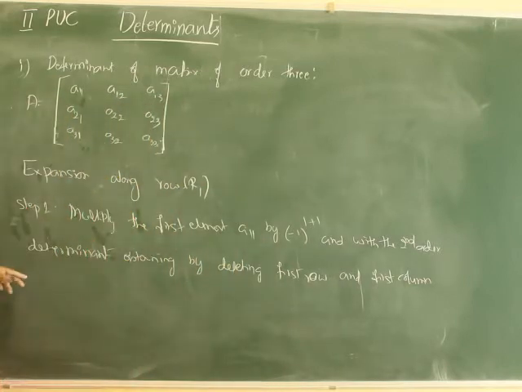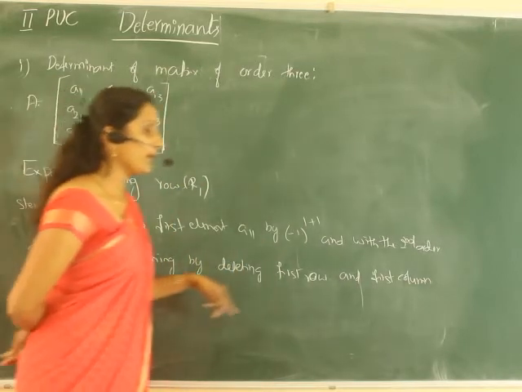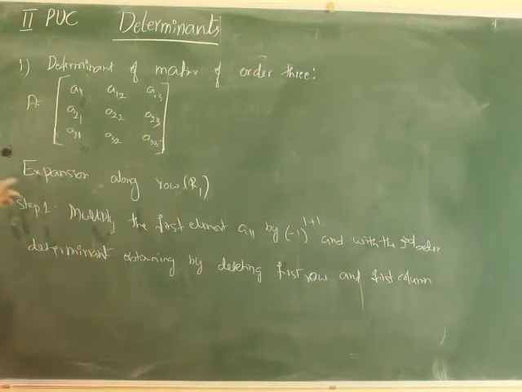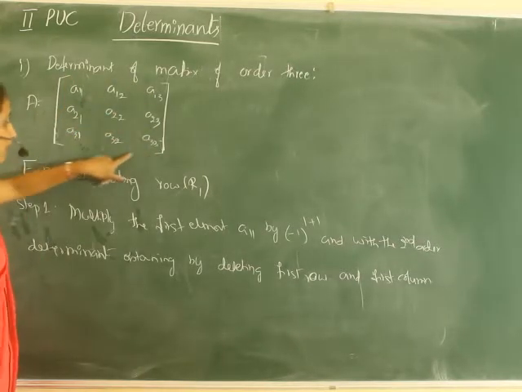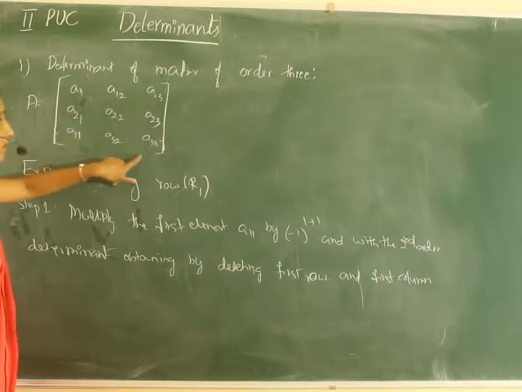Along with the second order determinant obtained by deleting the first row and first column. Since this element is in the first row and first column, I delete the first row and first column, and the remaining is the second order determinant.